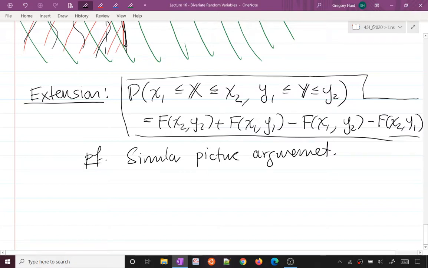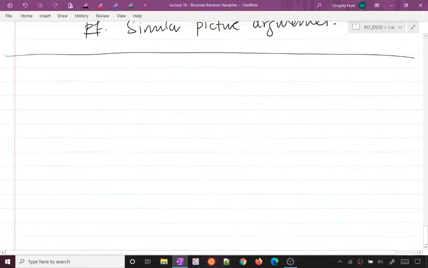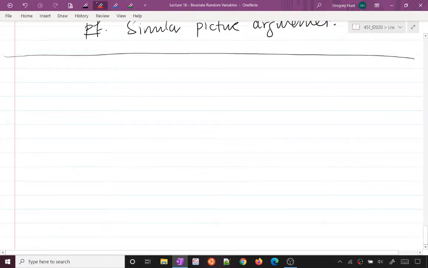Okay, so that's the joint CDF. The other functions we looked at for the univariate case were, of course, the PMFs and the PDFs. So let us look at a definition of what we're going to call a joint PMF.